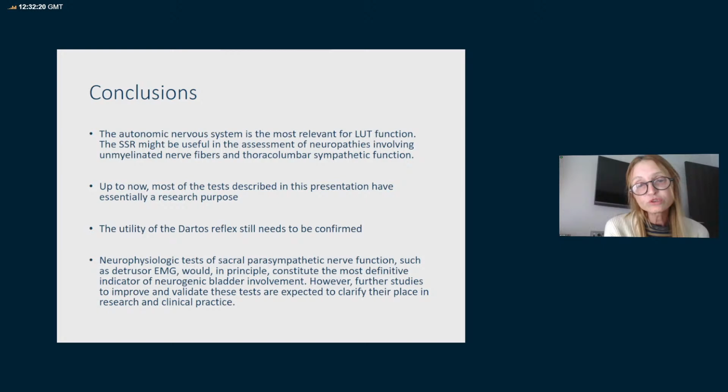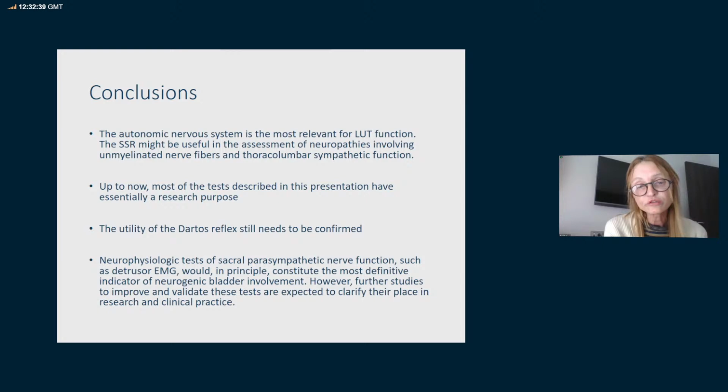But up to now, most of these tests described in this presentation have essentially a research purpose. The utility of the dartos reflex, which is less invasive and less complicated, still needs to be confirmed.